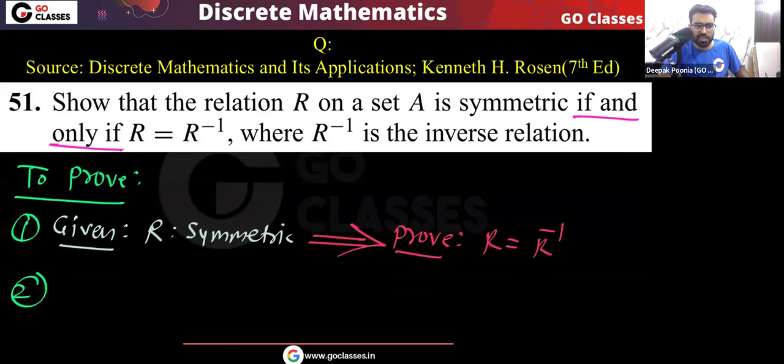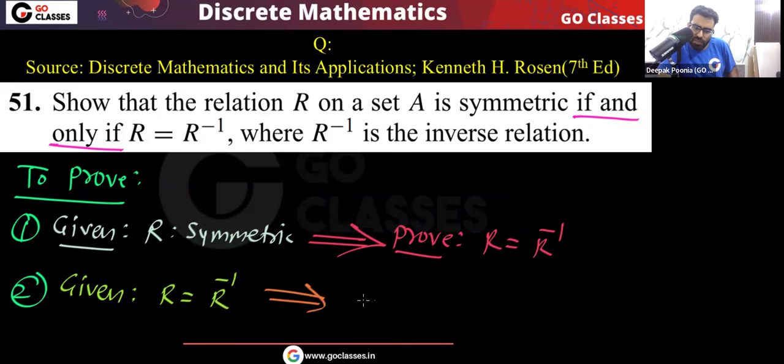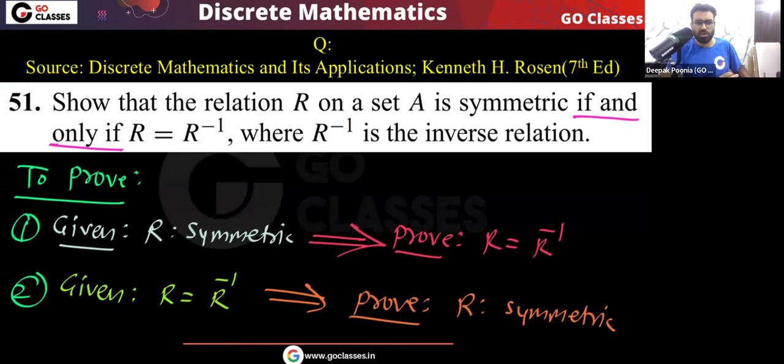This is one thing that we need to prove. And what is the second thing? In the second thing, it is given that R equal to R inverse, and then we need to prove that R is symmetric. I hope you understood.